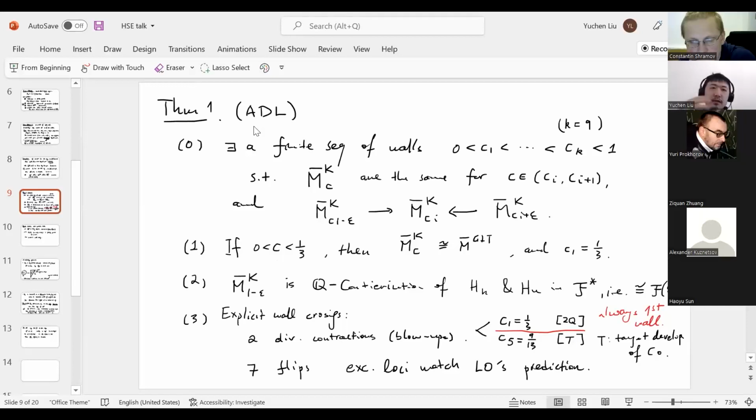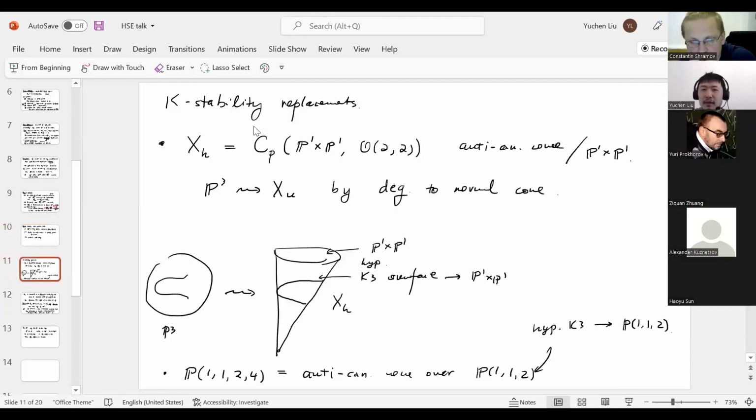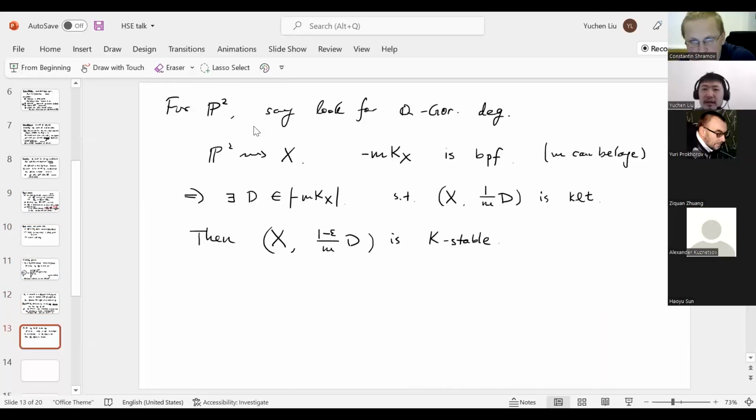But in general, in higher degree, it's very hard to describe all the walls. Although for the surface case, there might be an algorithm, a computer program that tries to describe all these walls. In dimension 2, this is actually cheating. We are not really using K-stability, but we have a classification of such surfaces.